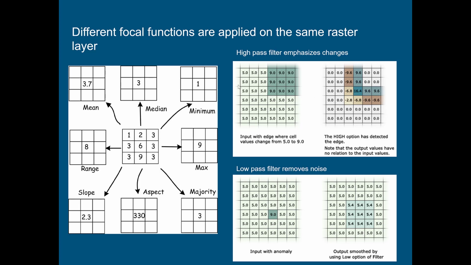Okay, in addition to high pass and low pass, which are a little bit complicated, you can define a simple moving window, or focal or local function, to apply to your raster.